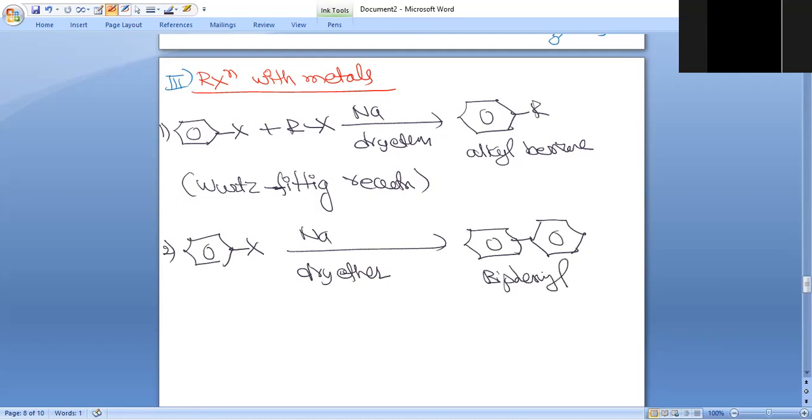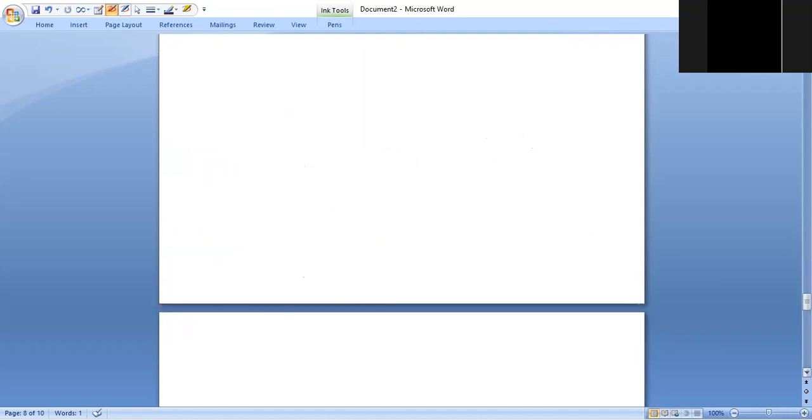This reaction is the Fittig reaction. So these are the main reactions related to chemical properties.